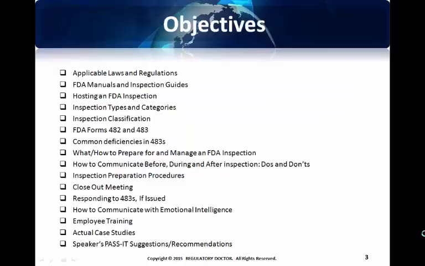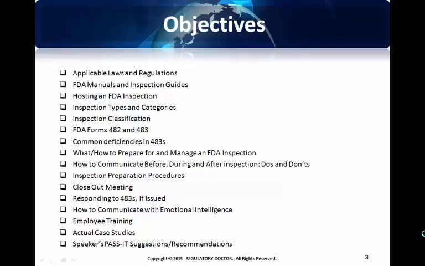In slide number 3, we have various objectives, starting from applicable laws and regulations, FDA manuals that we need to be familiar with, hosting FDA inspection types, Form FDA 482 and 483, what the keys are, how to best communicate during FDA inspection, closeout meetings, and employee training, what is important, why it should be important, and some emotional intelligence issues.